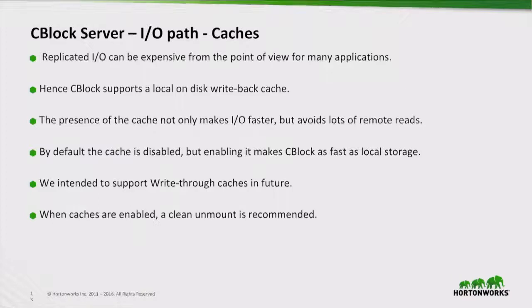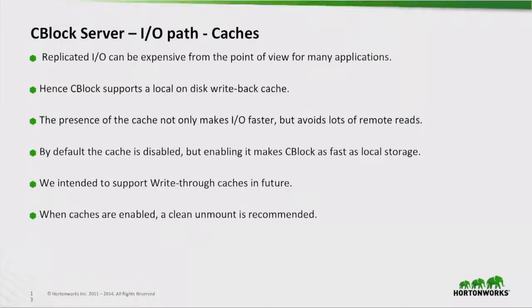And to speed up, we were aware of those costs. There are some costs associated with replicated I/Os, and it can be expensive for certain types of applications. So we also provide a local I/O cache to save the replication of the write operations. The write will directly reach the local cache once the cache is enabled, and then the cache will be replicated in the background with an asynchronous thread.